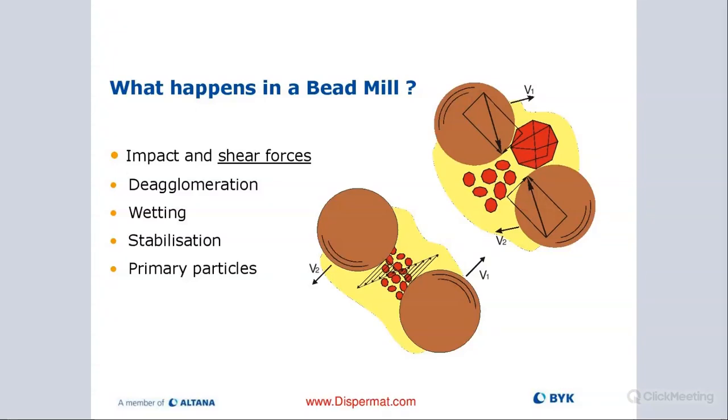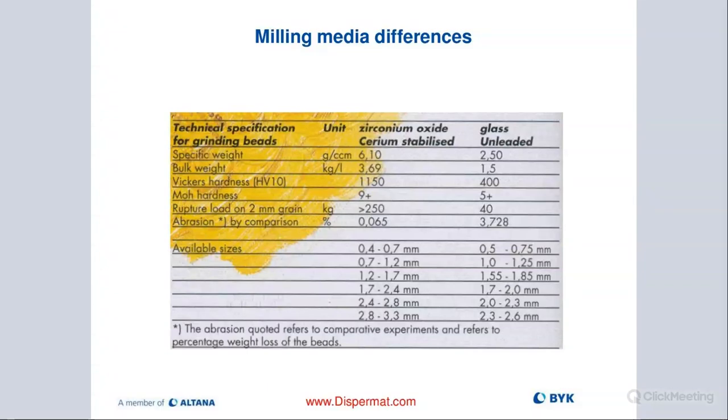So that continuous motion is actually responsible for the reduction in particle size. And it's not destroying the pigment as some people erroneously believe. It's really just breaking up of the binding forces. And then, of course, we are also wetting and stabilizing, and getting to the primary particle size is what's actually happening inside of our mill.